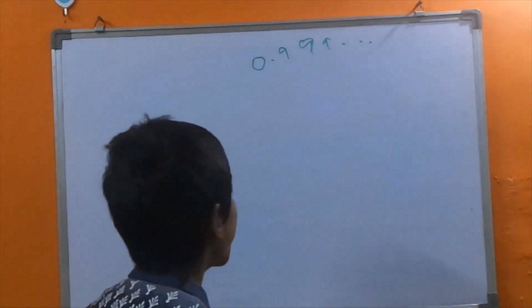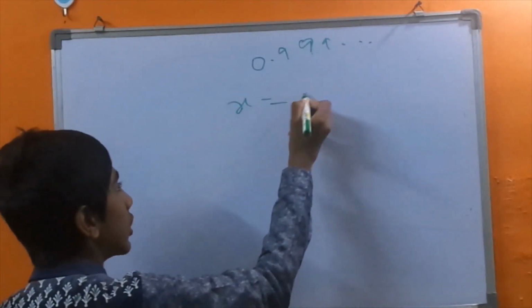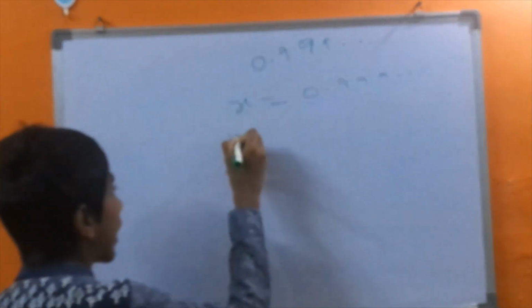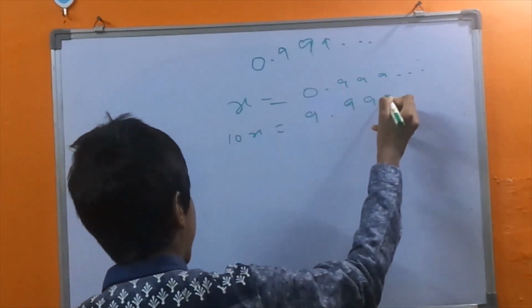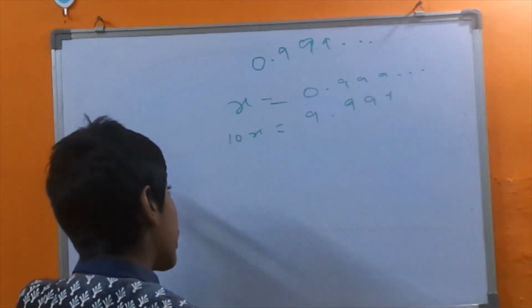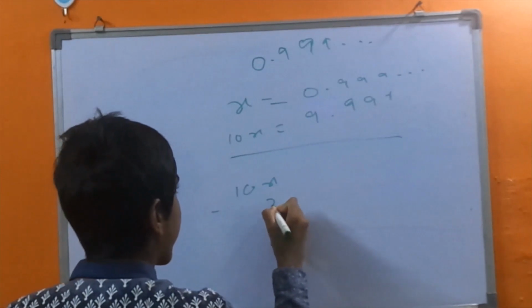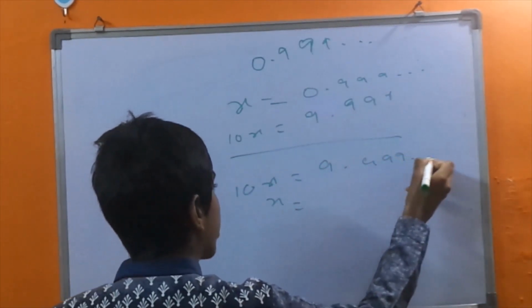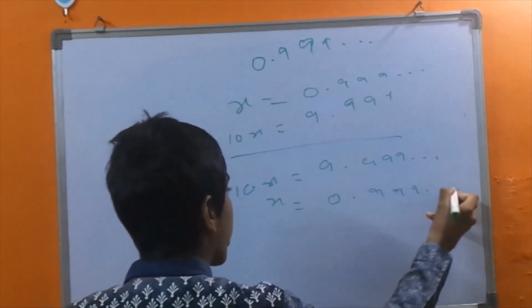Okay, now, same method. Let x is equal to 0.999 and so on, and 10x is equal to 9.999. Now we do the subtraction. 10x minus x is equal to 9.999 and so on, minus 0.999 and so on.